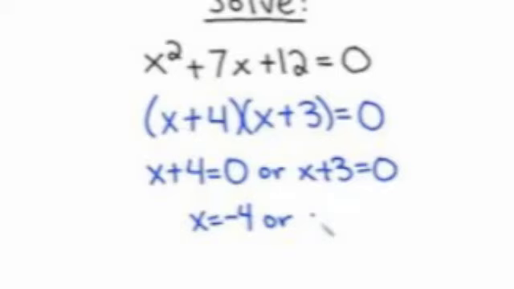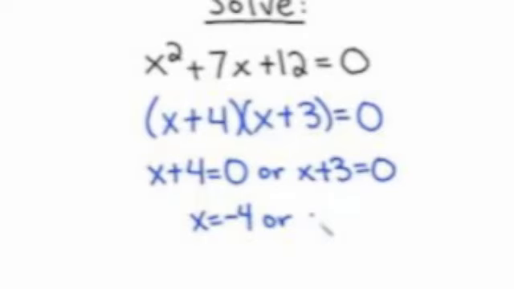Now after you factor it out, you're going to use the zero product rule, which states that if two expressions, x plus 4 and x plus 3, equal 0, then each expression by itself must equal 0. So then you set each expression to 0, so you get x plus 4 equals 0, and x plus 3 equals 0. After solving for x, you get x equals -4, and x equals -3. Remember, since this is a quadratic equation, you will have two answers.